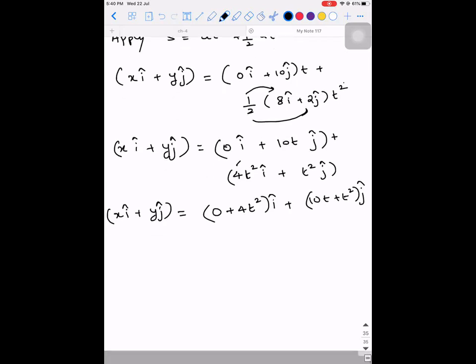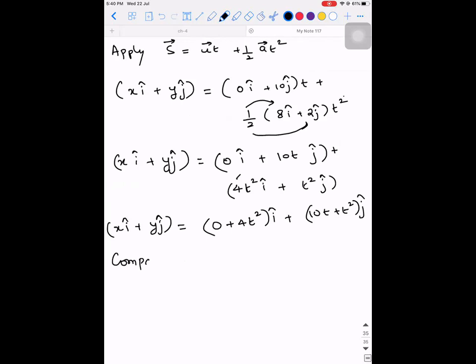Now I will compare both sides. The coefficient of i cap here is x. What is the coefficient of i cap here? 4t square, because 0 plus 4t square is 4t square. So can I write x is equal to 4t square? Similarly, what is the value of y?